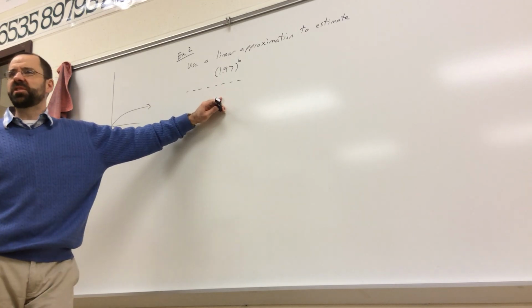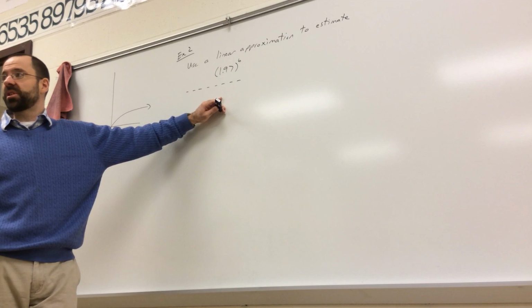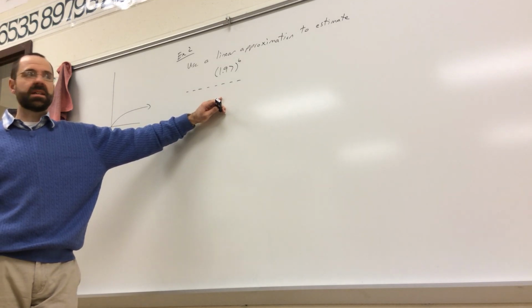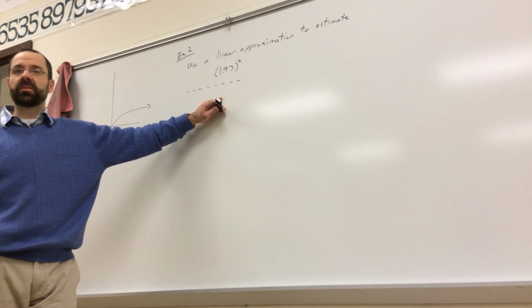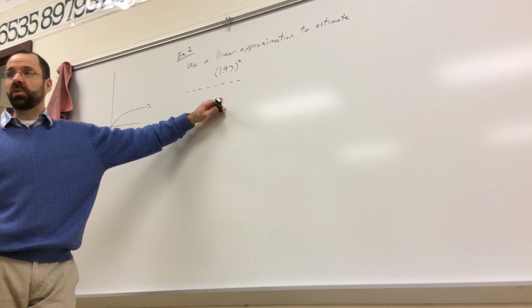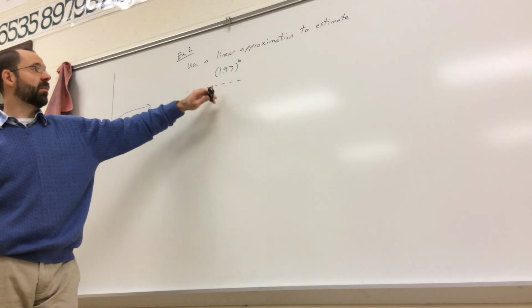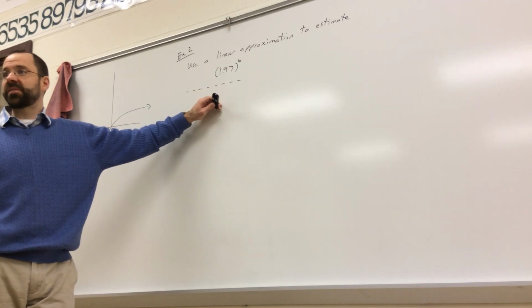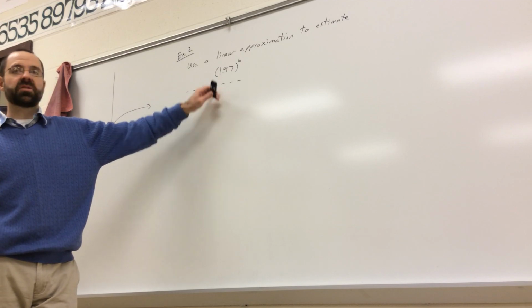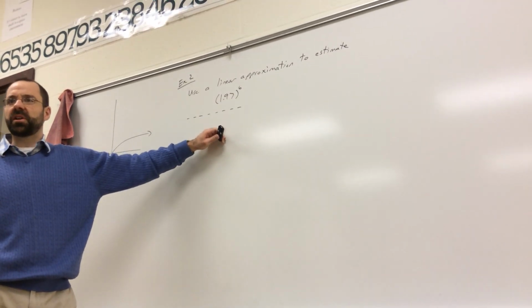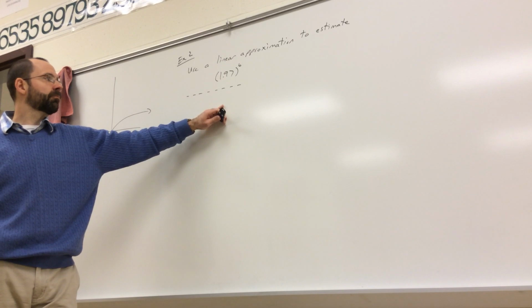Okay, so this one is a little bit more vague because it doesn't tell you what the function is and it doesn't tell you what the a is. So in the last problem, we had f of x equals the cube root of x, and then they told us a was negative 8. Here we're just supposed to come up with what f of x and a are based on this information. So it's a little bit tougher, but it's still the same concept.